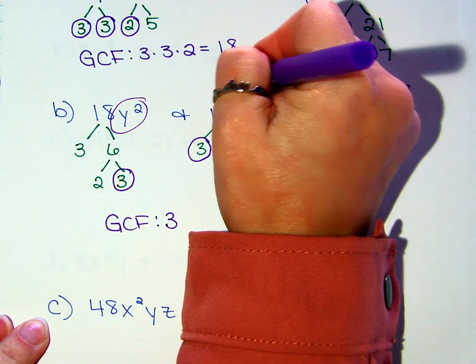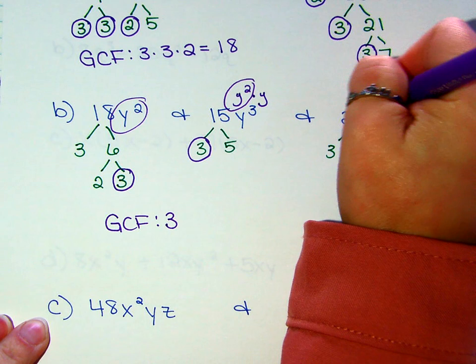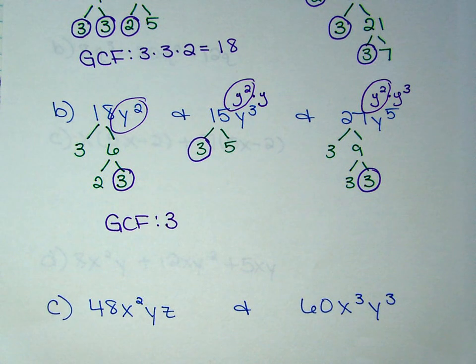So you can still do a factor tree of sorts if you want to, but a lot of times what I do is I ask myself 2 questions. Do they have the same variable? And in this case, the answer is yes, because they're all y's. And then I look and say, okay, what is the biggest amount of that variable that I can pull out that they all have in common?